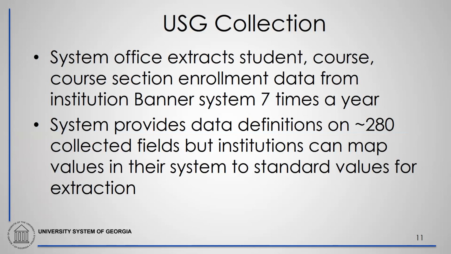The system provides data definitions to institutions on about 280 data fields that they collect in the Banner system. But institutions can map the values in their Banner system, or whatever student information system they have, to the standard values for extraction. So there's still some autonomy for campuses to implement this the way they want to.